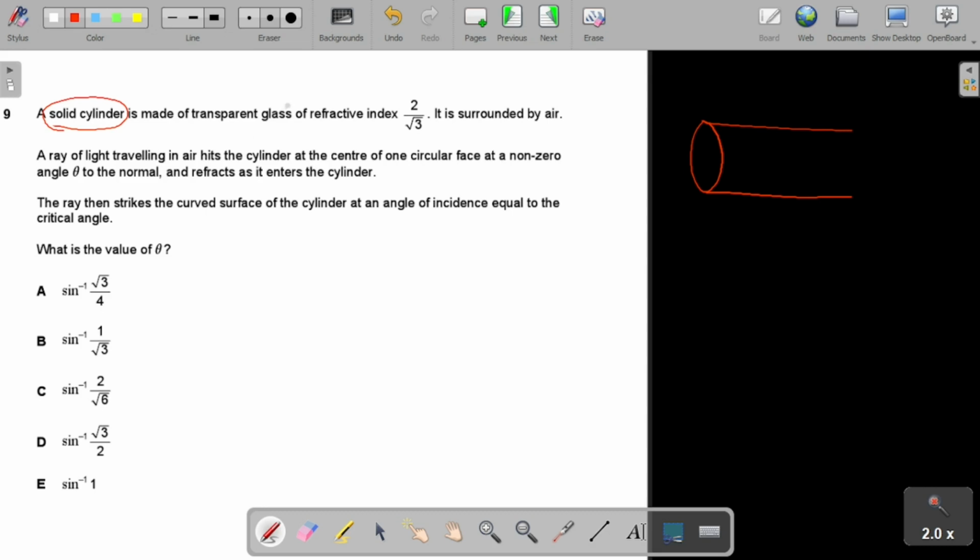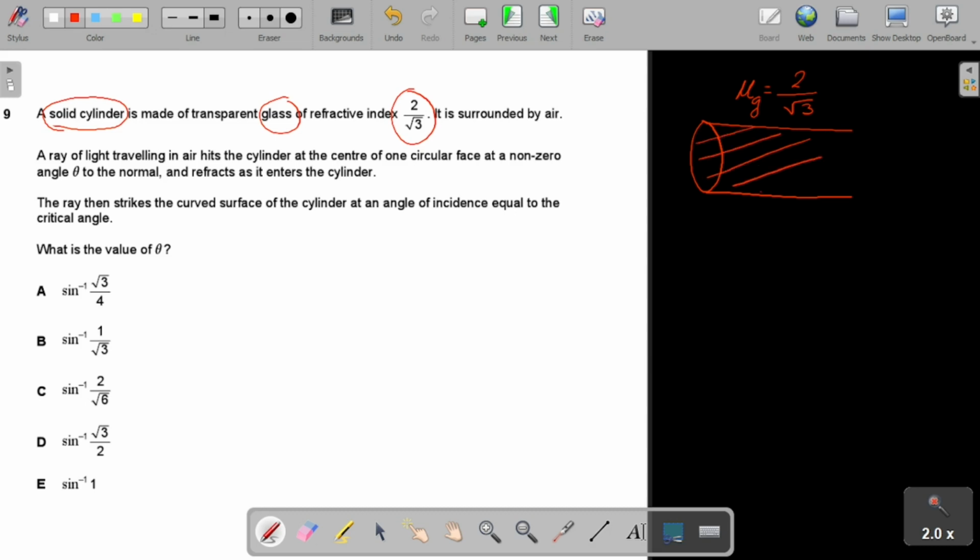It's made of transparent glass of refractive index 2 upon root 3. So the refractive index of the glass is 2 upon root 3. It is surrounded by air. So basically this is the mu g, and this inside material is mu g.